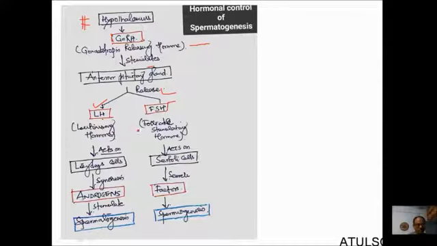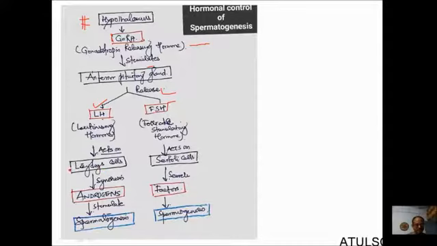LH acts on the Leydig cells, and if you remember, the Leydig cells were placed in between the seminiferous tubules, and they are also called interstitial cells. They start synthesizing androgen, especially the hormone testosterone, which is involved in the process of spermatogenesis.